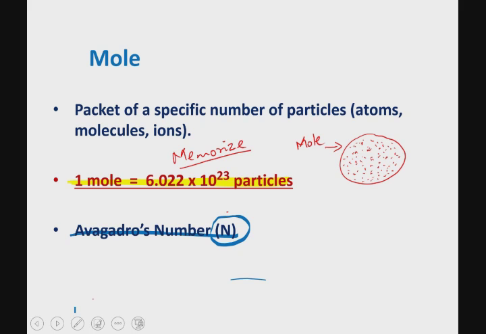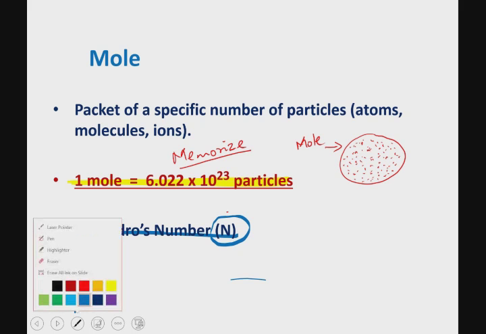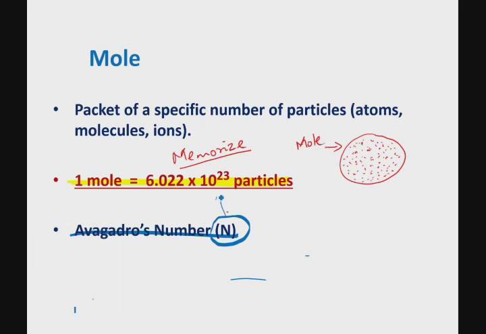Uppercase N is referring to the number 6.022 times 10 raised to 23 particles. In other words, when we say 1 mole of a substance, we are referring to N particles of that substance, where N is 6.022 times 10 raised to 23 of those particles.